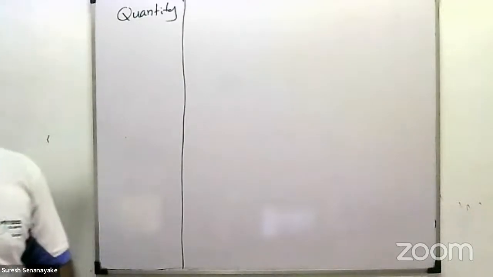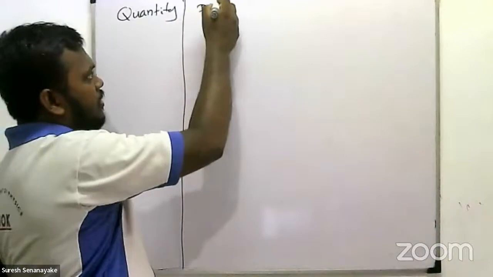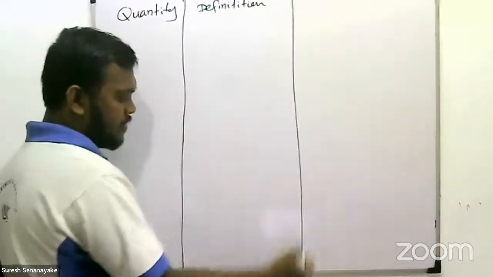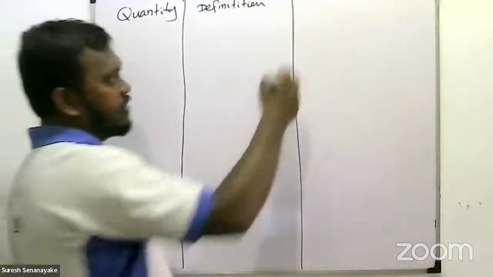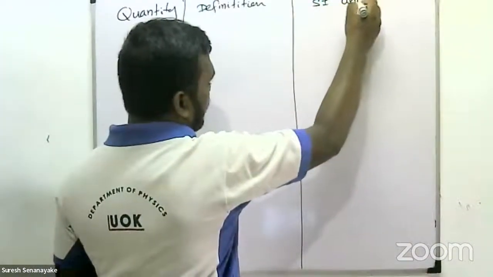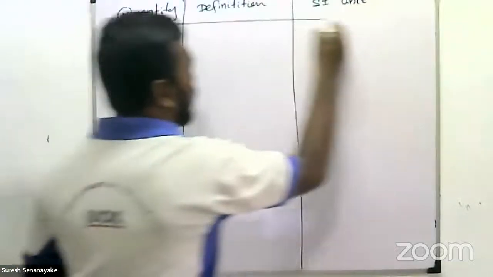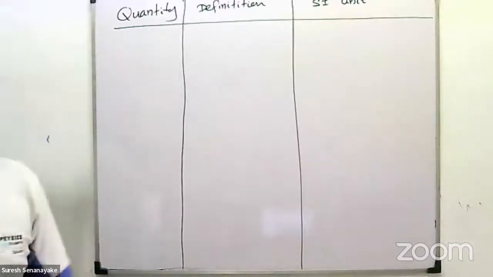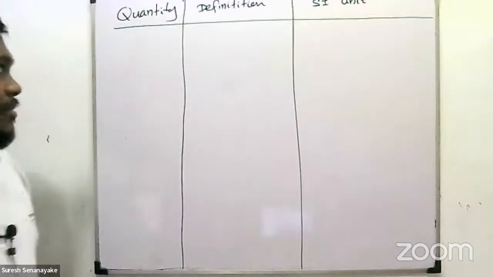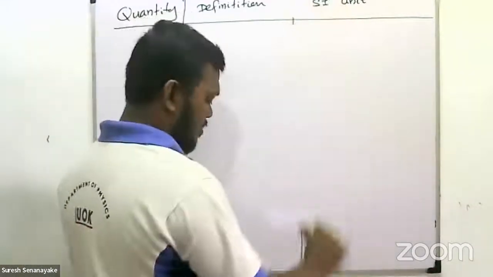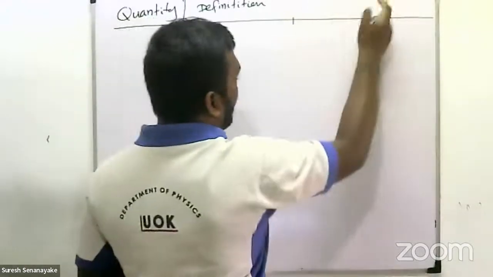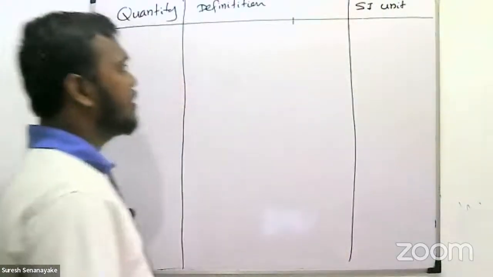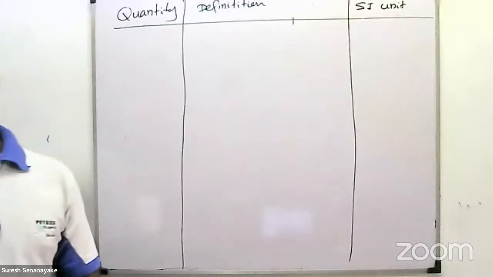This is the definition, and the last column is SI unit. First you make a table, and you have to write quite far down, so make it a bit long. In the middle column, the definition is given, that is, the equation related to it. So you can derive this SI unit using the base units.